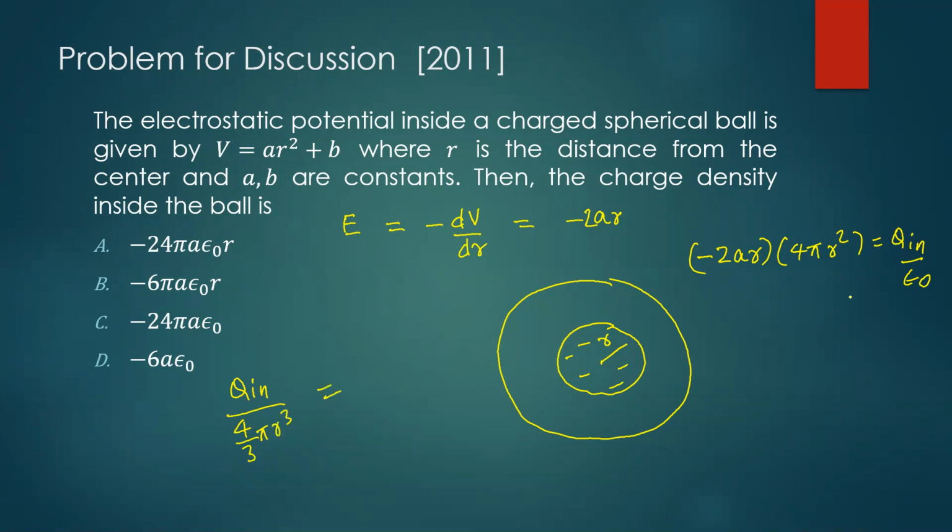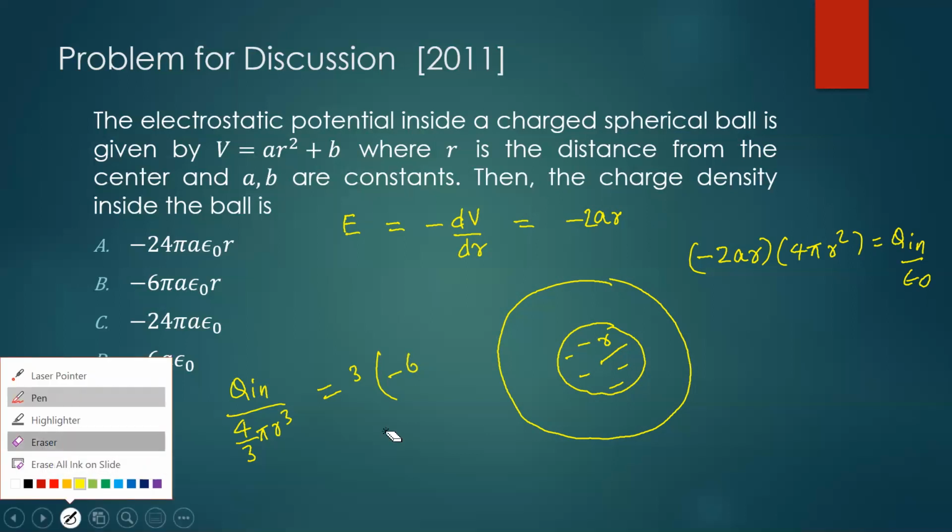Looking at it carefully, I can just take 3 upstairs. So I'll get minus 6, sorry, minus 2a epsilon naught, if you see those numbers.